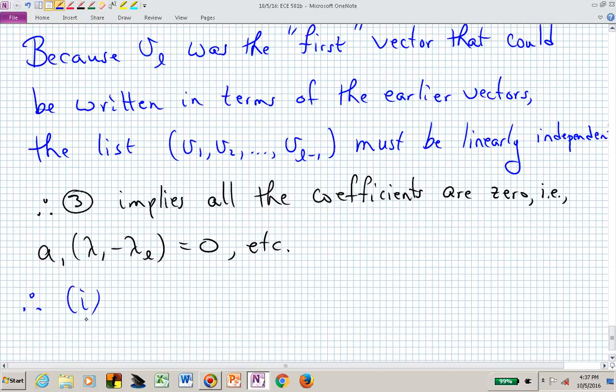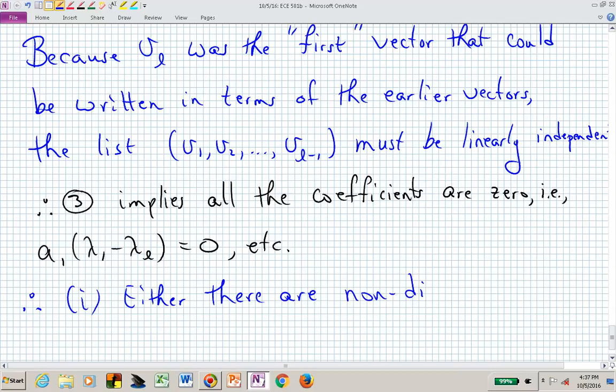Therefore, the first way is either the lambdas are the same, which means that lambda 1 is equal to lambda sub L. That would mean that those eigenvalues are no longer distinct.